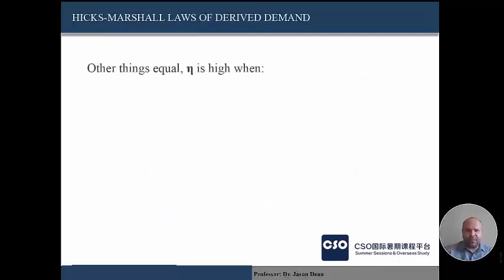Okay, so there are some overall laws of derived demand that we should go over.